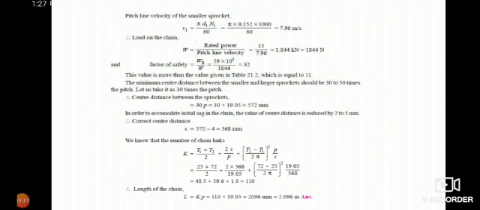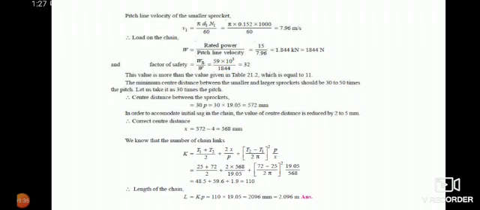Pitch line velocity of the smaller sprocket V1 equals pi D1 N1 divided by 60, equal to 7.96 meter per second. Load on the chain W equals rated power divided by pitch line velocity, equal to 1844 Newton. Factor of safety equals WB divided by W, equal to 32. This value is more than the value given in the data book.